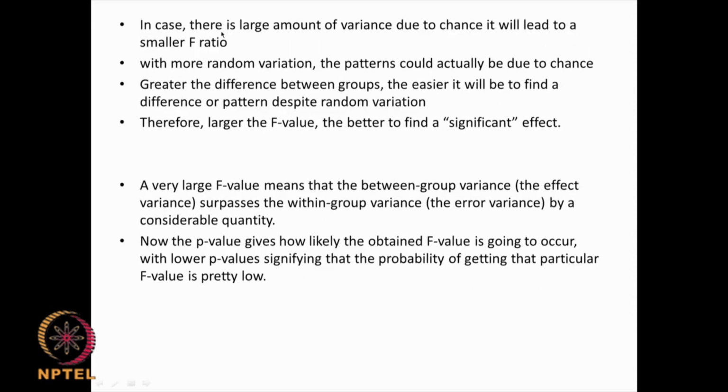In case there is a large amount of variance due to chance, it will lead to a smaller f ratio. Of course, as you know, numerator and denominator, if the denominator variance is very large, obviously the ratio will become small, so the f ratio also will become small. So, there will not be any significance. What does this statement mean? Suppose I am an operator, and I repeat the same sample 4 or 5 times, and each time I get large variation.